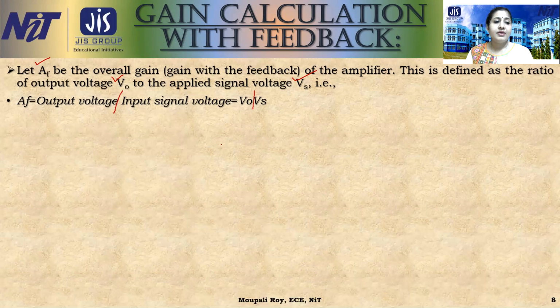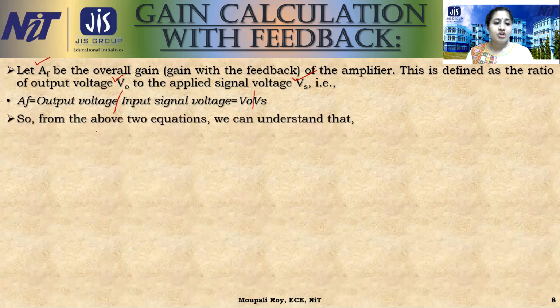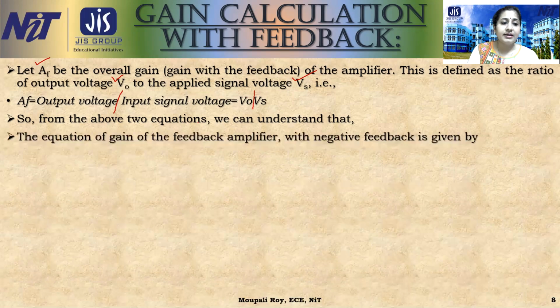From the above two equations, the gain of the feedback amplifier with negative feedback is given by AF is equal to A by 1 plus A beta.